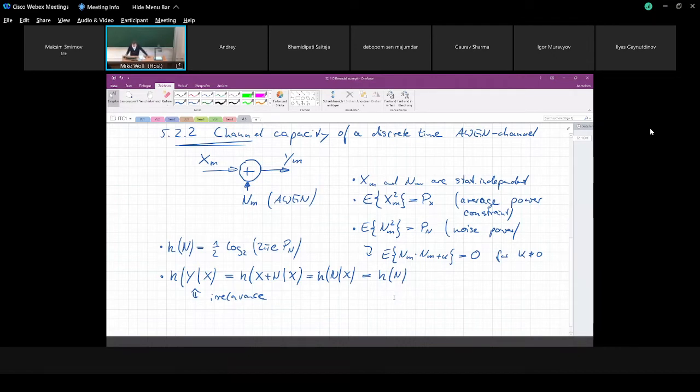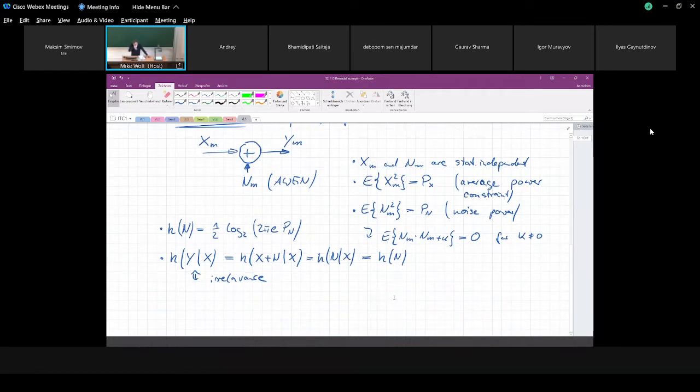And now we take a look at the mutual information, of course. For the mutual information, we need to calculate h of y. So how can we do this? The maximum value of this h of y gives us the channel capacity because the irrelevance is fixed.